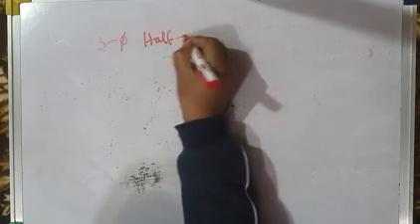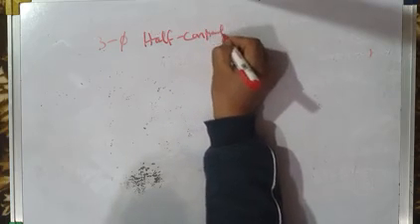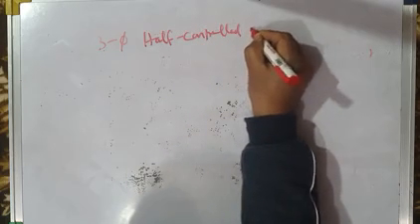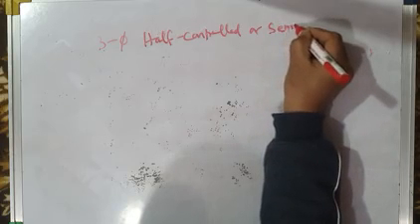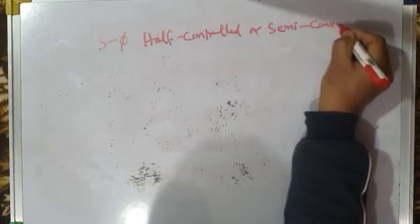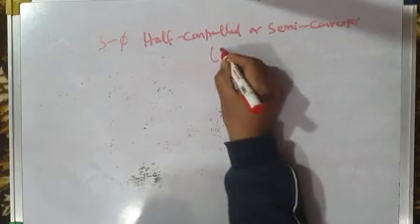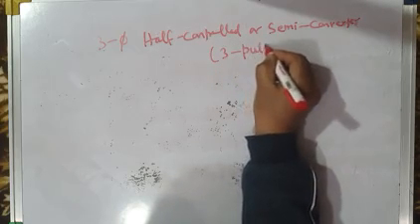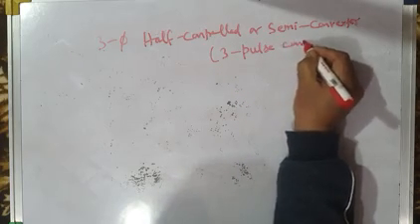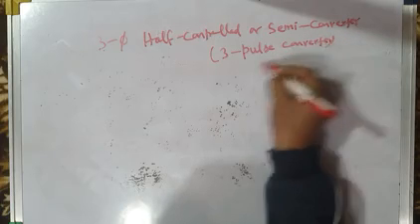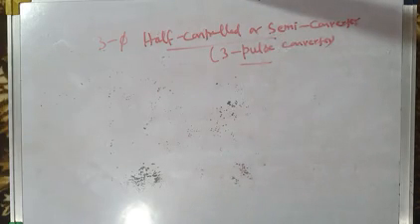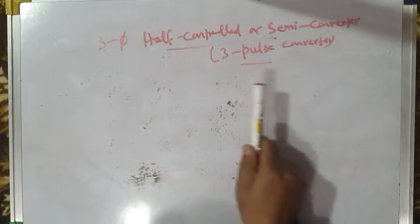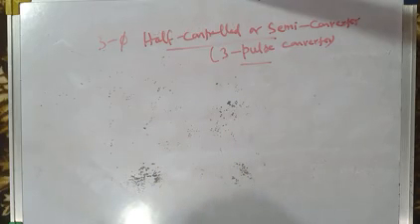In a similar way, we can have a three-phase half-controlled converter, or three-phase semi-converter. Remember, this three-phase half-controlled converter or semi-converter is not a 6-pulse converter, it's a 3-pulse converter. Just a few moments back, we studied the three-phase full converter or three-phase fully controlled converter.